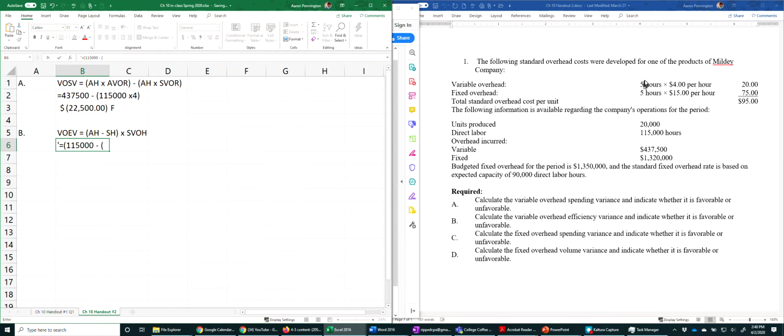So the 20,000 units times the 5 hours, which gives us the number of hours that should have been incurred under the standard. 60,000, and it shows as positive, which is indicative of an unfavorable variance.